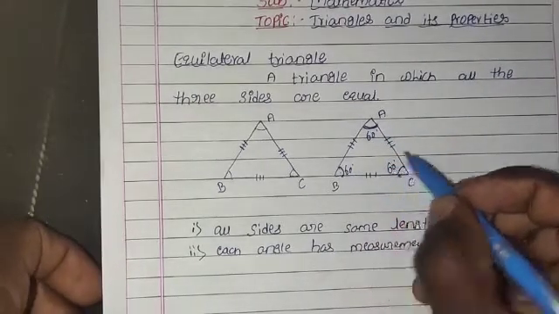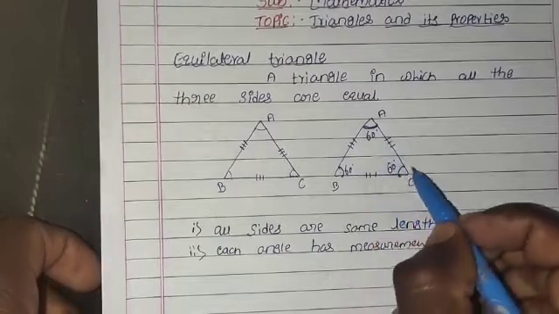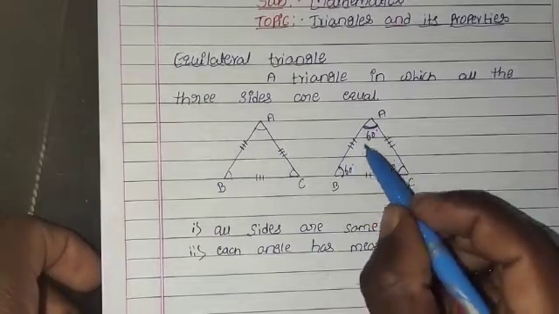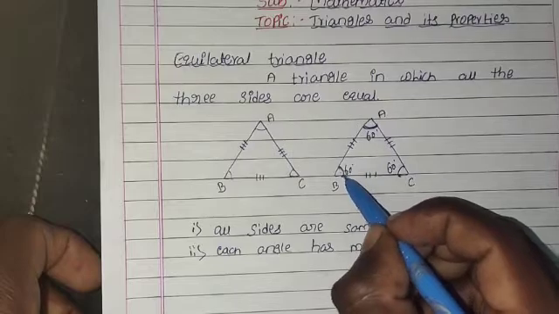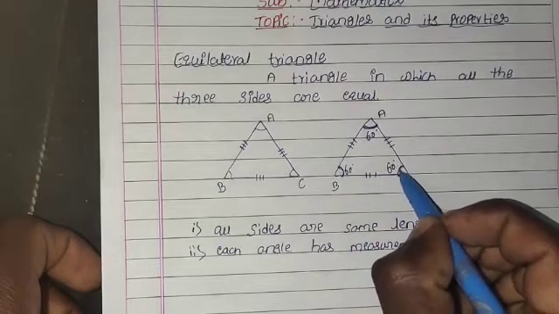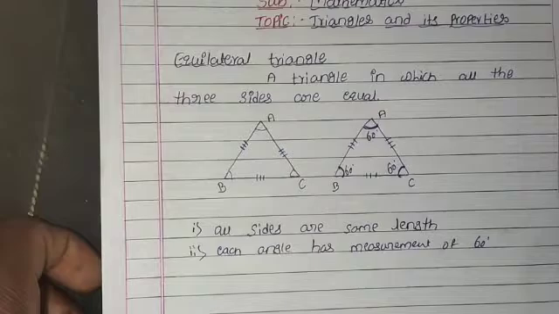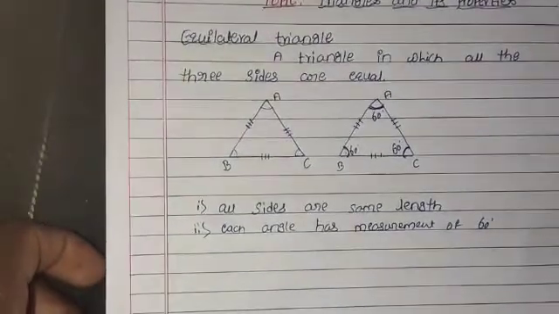You always remember this: in an equilateral triangle all the three sides are the same length or equal, and all the three angles are also equal, which means the measurement of each angle is 60 degrees. This is the concept of the equilateral triangle.